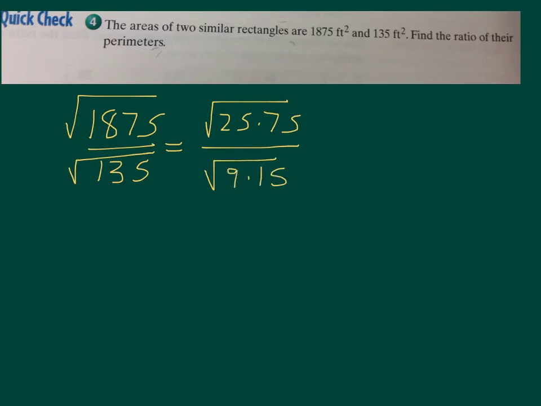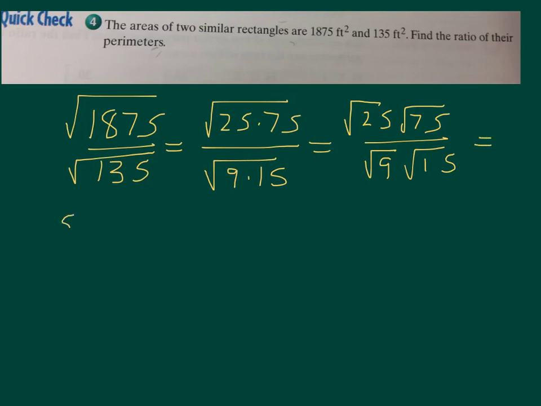Those are the perfect squares that go into both of those. So what do you get? Square root of 25 times the square root of 75 over square root of 9 times the square root of 15, which equals 5 times the square root of 75 over 3 times the square root of 15.